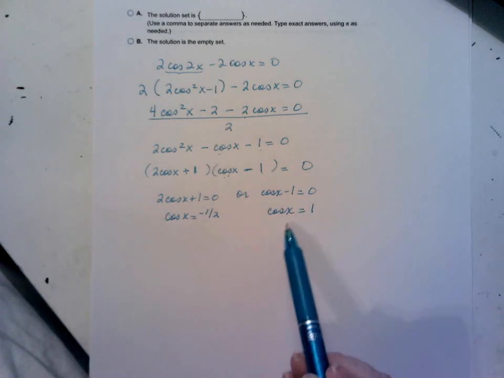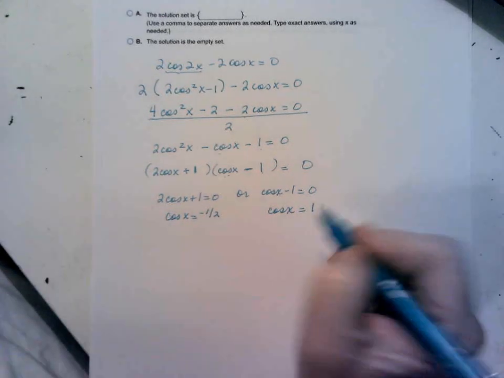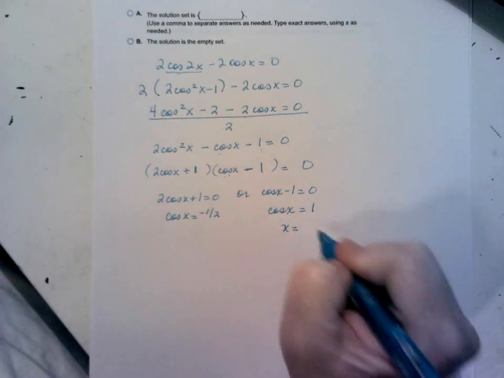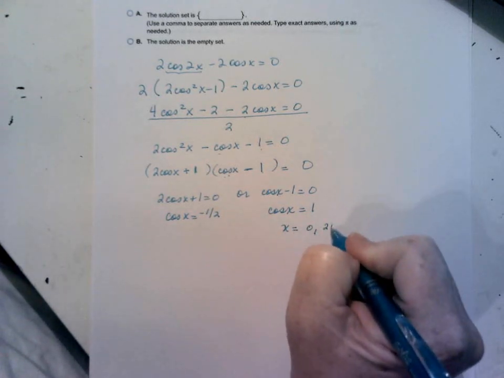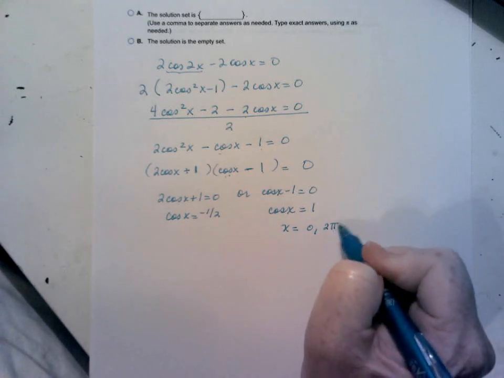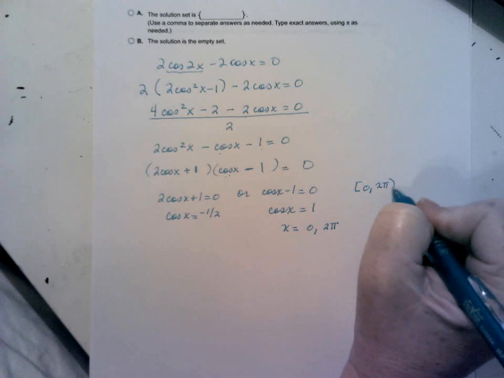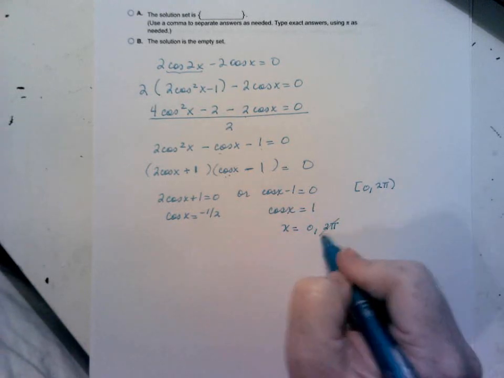So let's think about, when does cosine x equal 1? Cosine x equals 1 when the reference angle is 0, so x is either 0 or 2 pi. I won't use the 2 pi because the interval in question was 0 inclusive, 2 pi excluded, so we won't use that one.